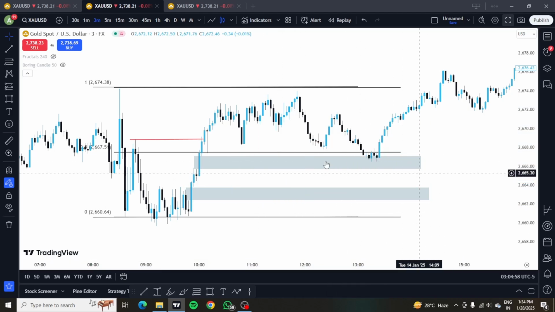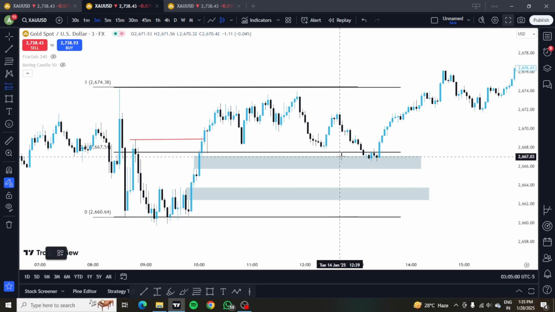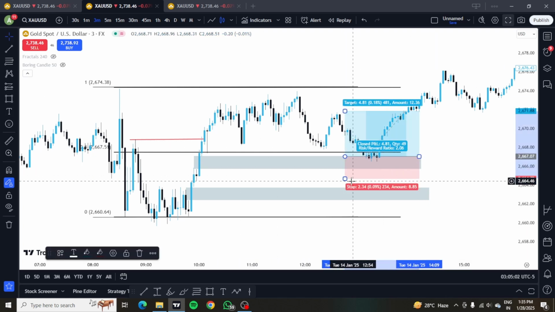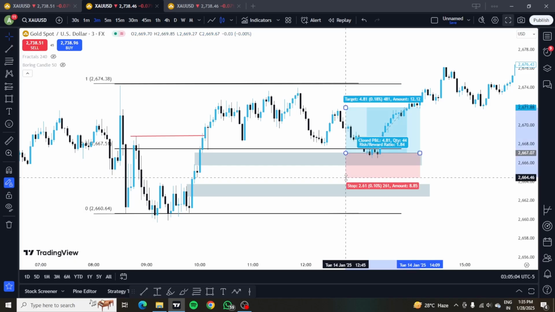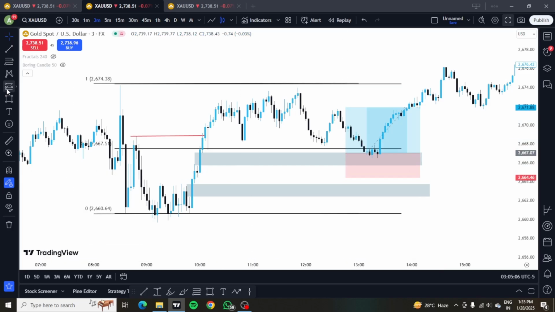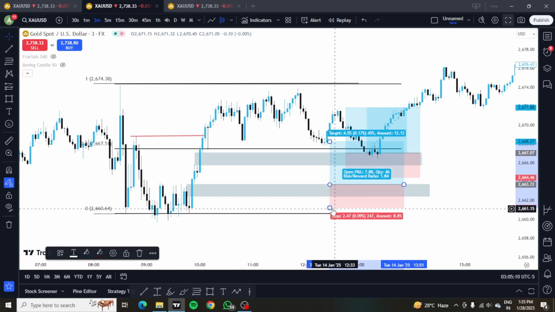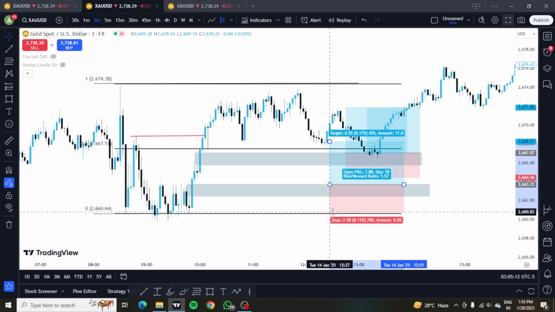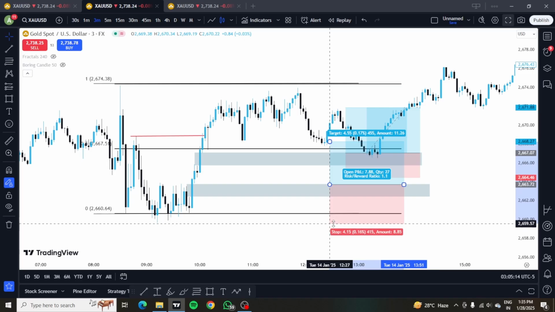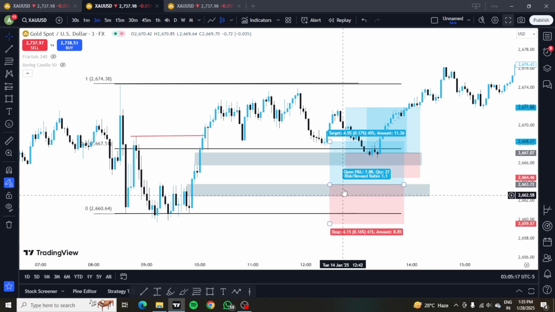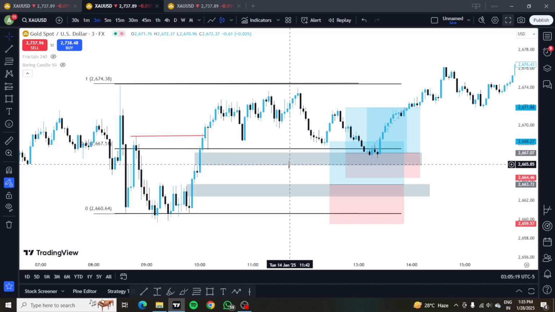I put a limit order from these fair value gaps, and the stop loss is this low, and I also put an entry in this fair value gap, and put my SL below it. Why do I put this? If this fair value gap fails, I am going to execute a trade in this fair value gap.